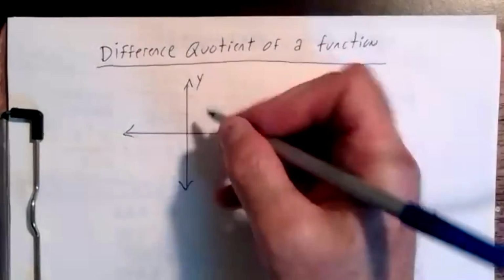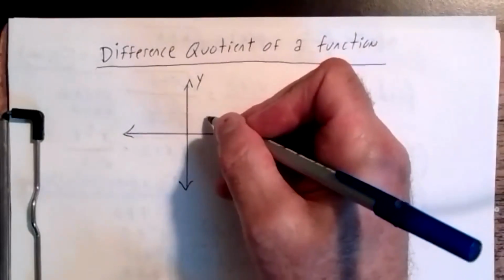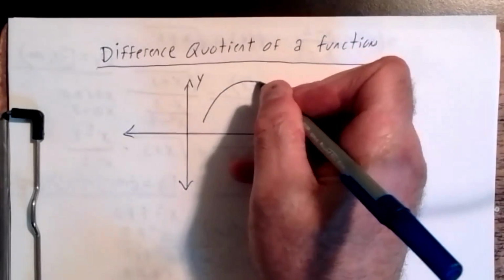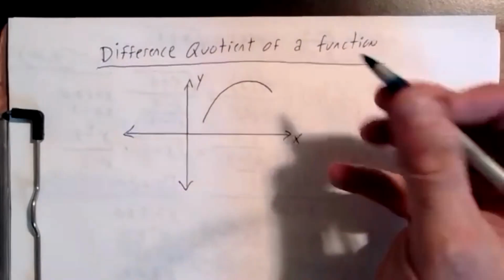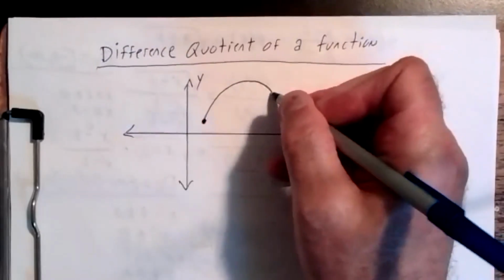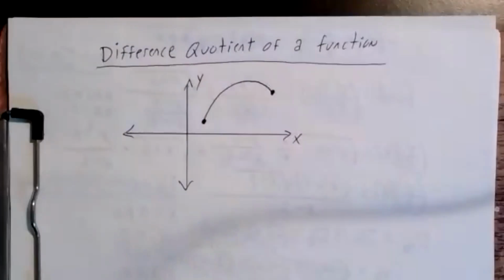And suppose that the function looks like this. Okay, so that's the graph of a function in the XY plane.